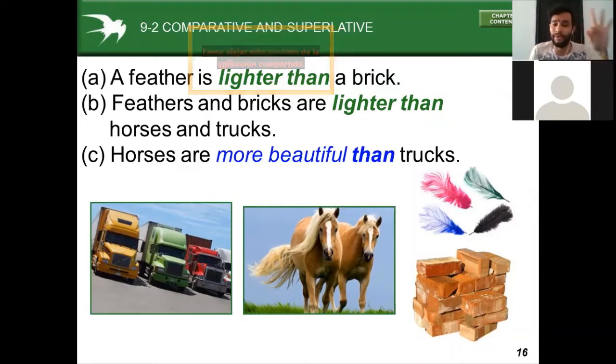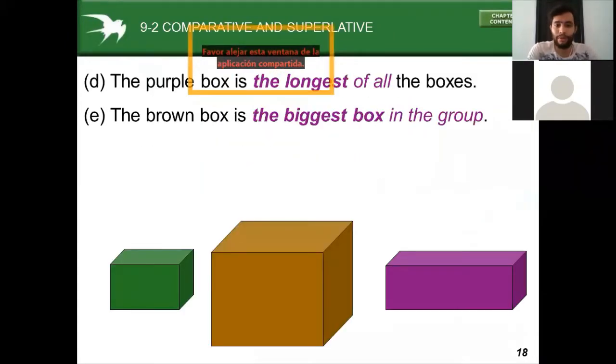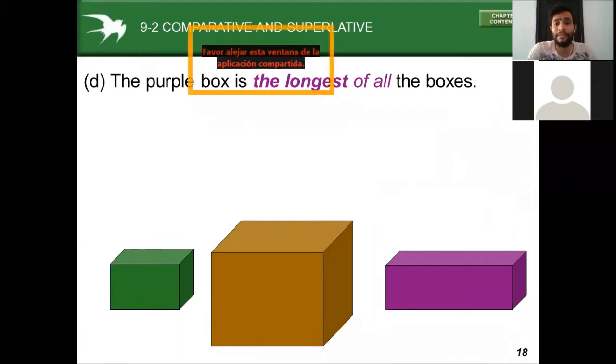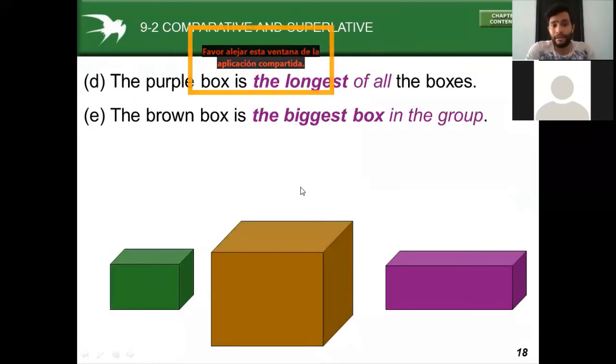It has three syllables, so we need to use more. You already know that. So we can go faster over here. We have other examples, but this time they are not going to be examples of the comparative. Remember that you always need to use than, because if you don't use than it's going to be incorrect, right? And on the other hand, the other examples are going to be for the superlative.